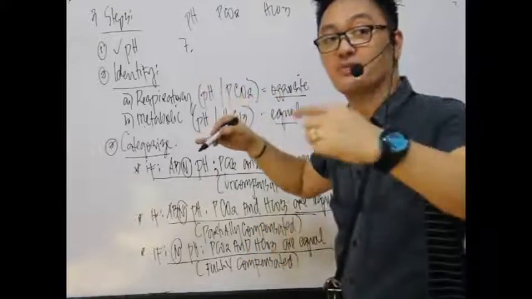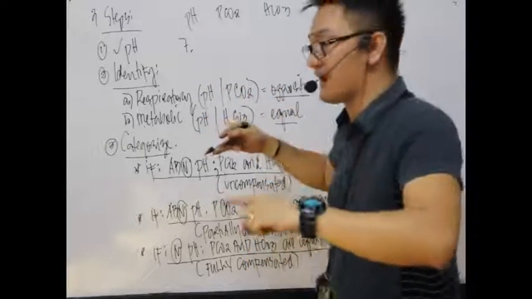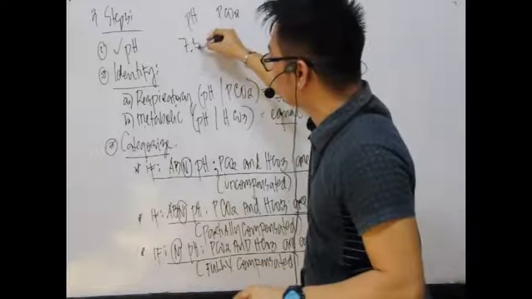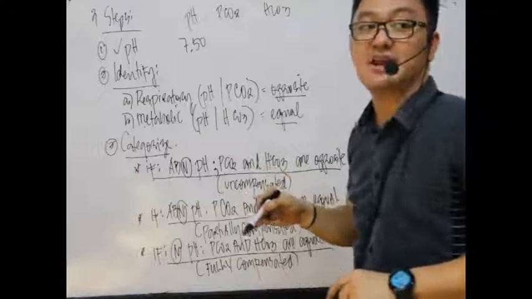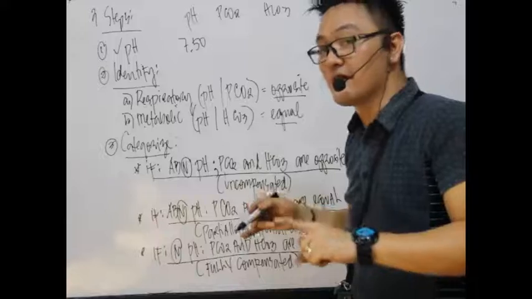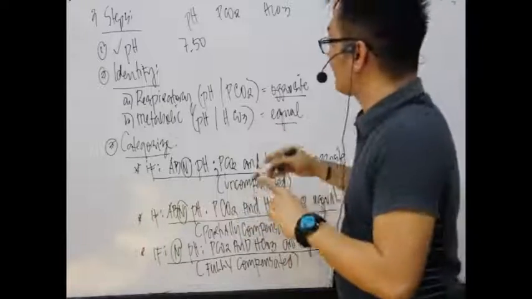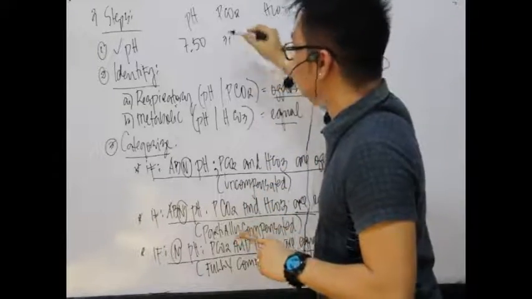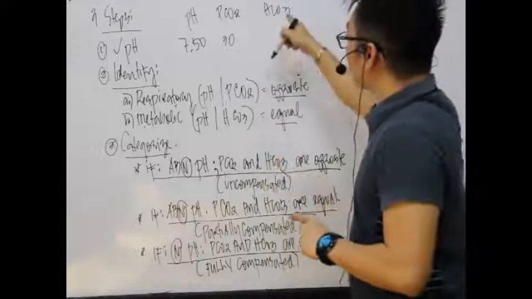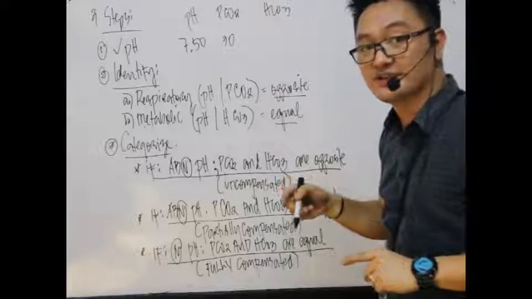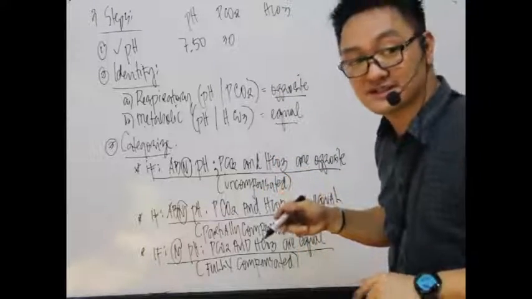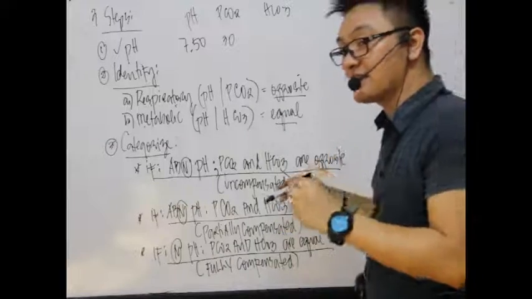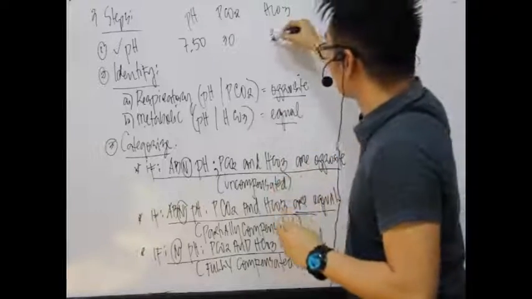Remember, the normal is 7.35 to 7.45. The PCO2, the normal is 35 to 45. Let's say the PCO2 is 30. Bicarbonate is 22 to 26, that's the normal bicarb. Let's say that the bicarbonate is 24.